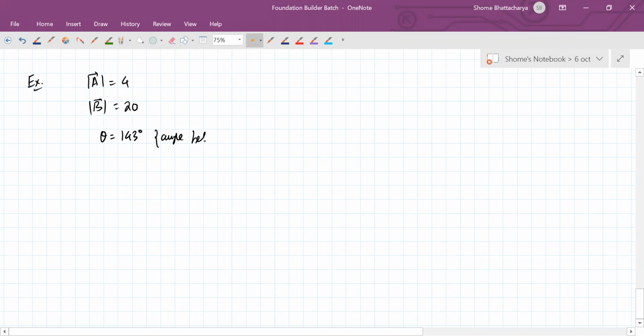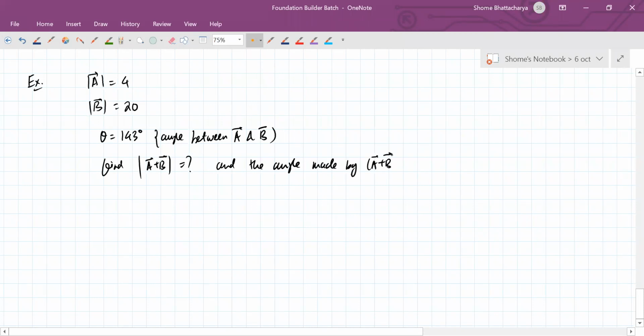That is the angle between A and B. Okay, so find magnitude of A plus B and the angle made by the vector A plus B with respect to the vector A.